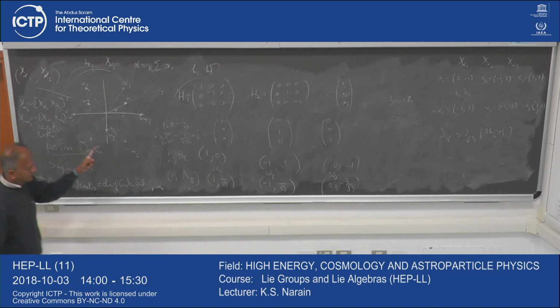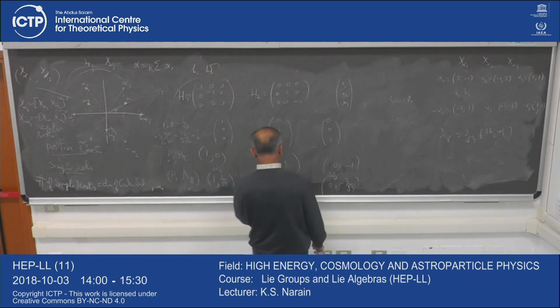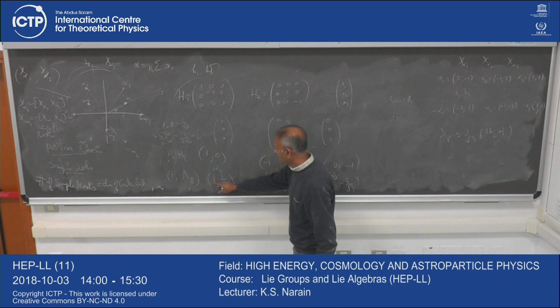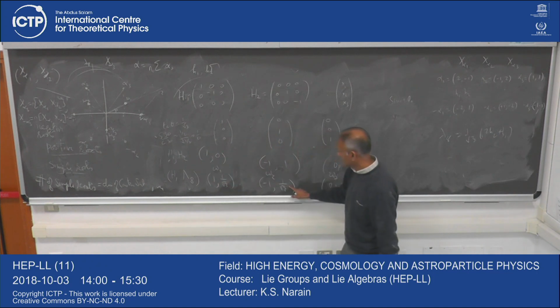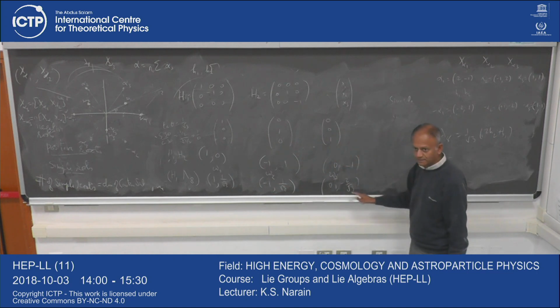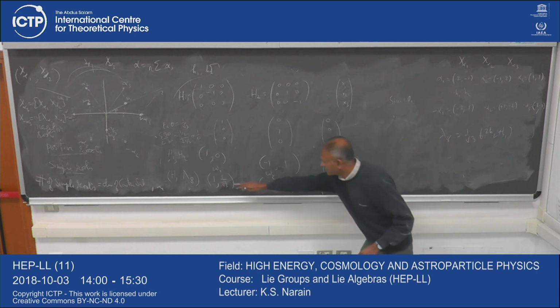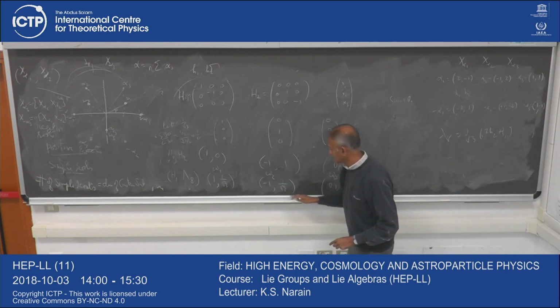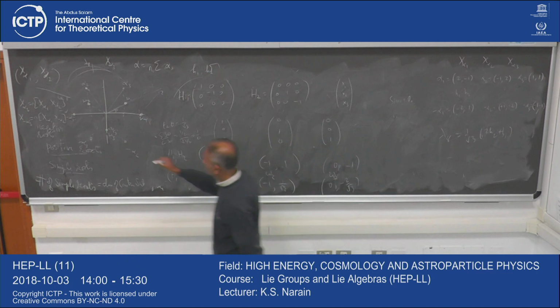Note that the lengths, I hope it is correct, the lengths of all of them are equal, right? If you take 1 plus 1 over 3, length square is 4/3, 1 plus 1 over 3, 4/3, and this is 4/3 again. So length square, because let's take the square of this plus square of that, right? To get the length square. Those are all equal. So these lengths are all equal.